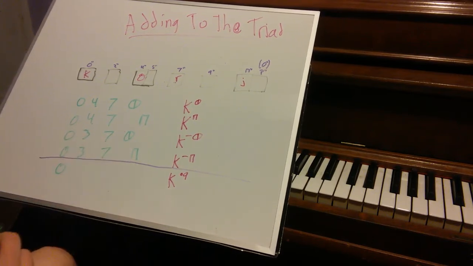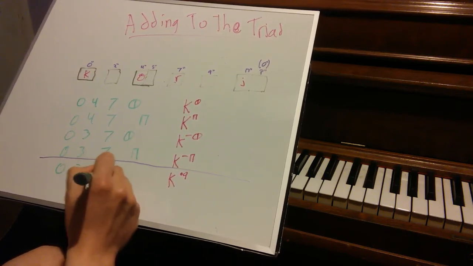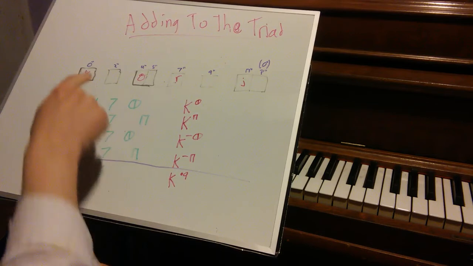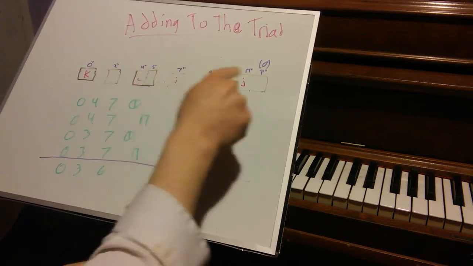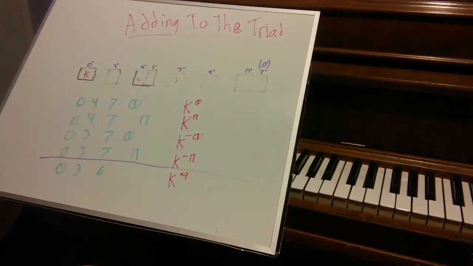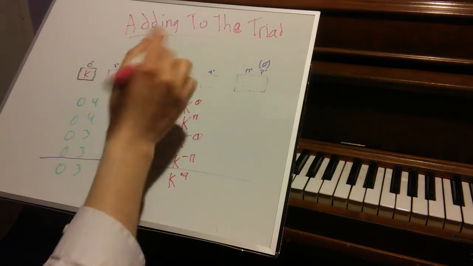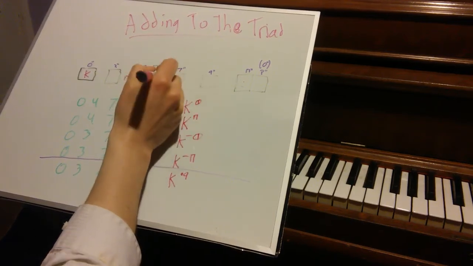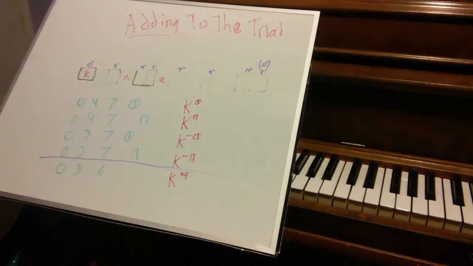So we got 0, 3, 6. That's your diminished triad. So I will actually, instead of ignoring this here, write that up here. So K, N, and Q, and then also add the 9.